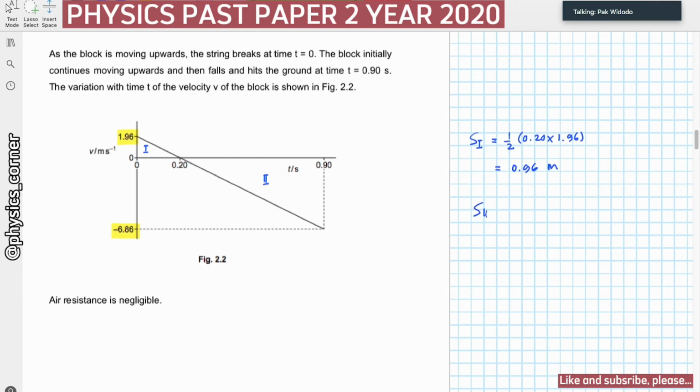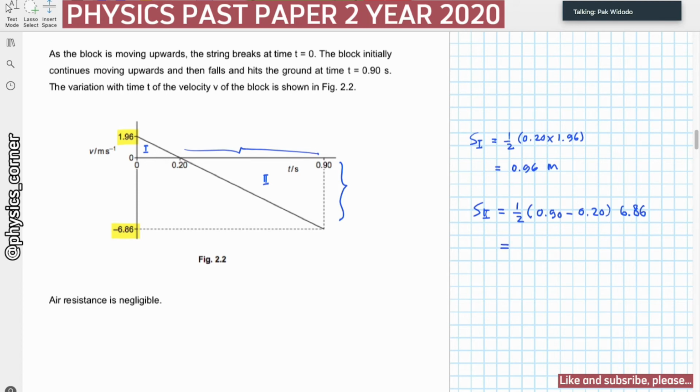And then S2 is a half of 0.90 minus 0.20, the distance between here, times the velocity at this position, 6.86. We don't need the negative sign.